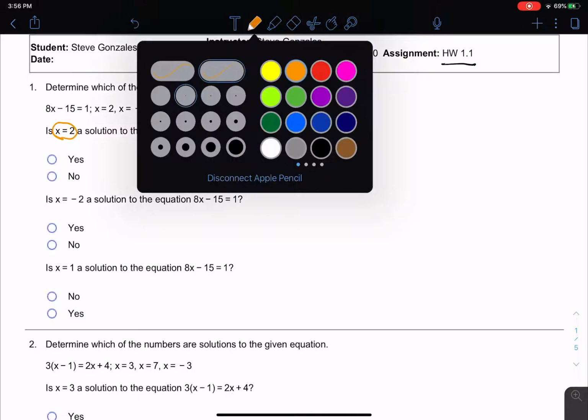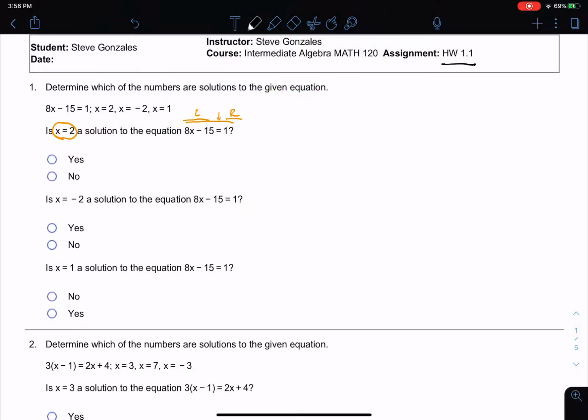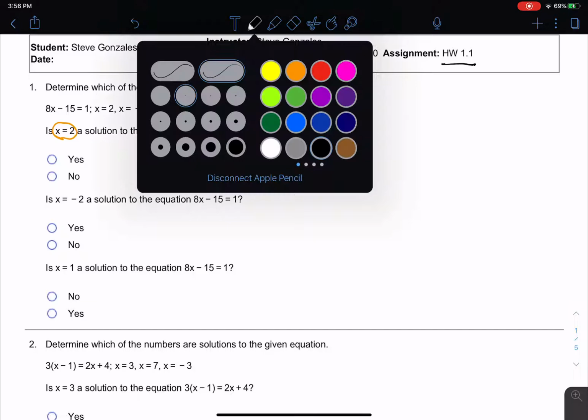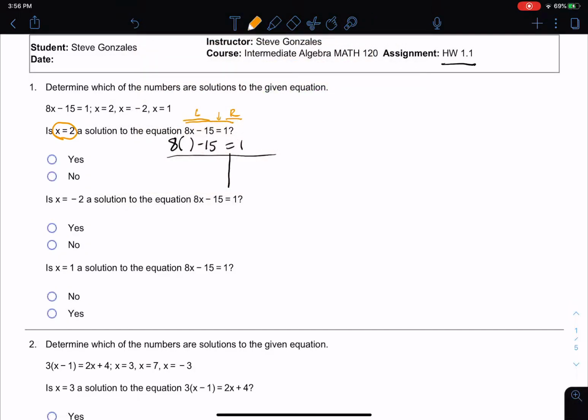So let's go ahead and write this out so I can see it. This is saying 8 times x minus 15, does that equal 1? I usually like to put a question mark, showing we don't know. Now we're going to put in that value, x equals 2, so I'm going to put in a 2 for x.